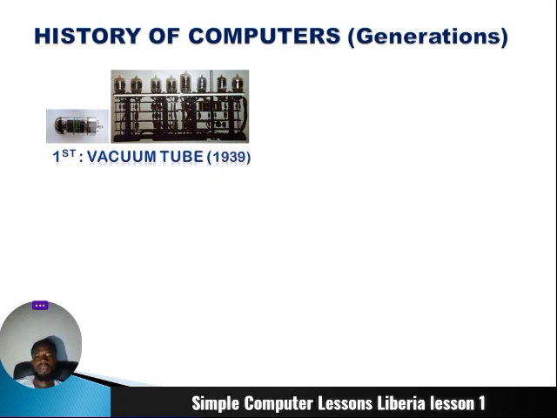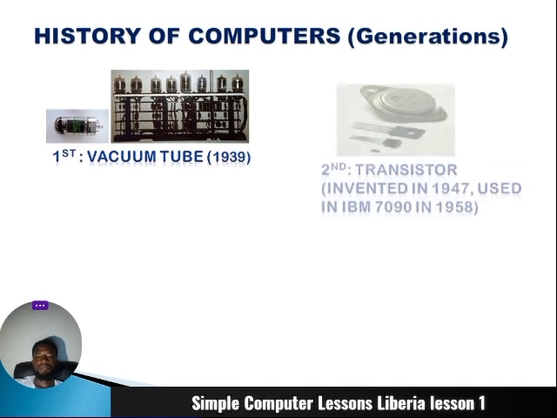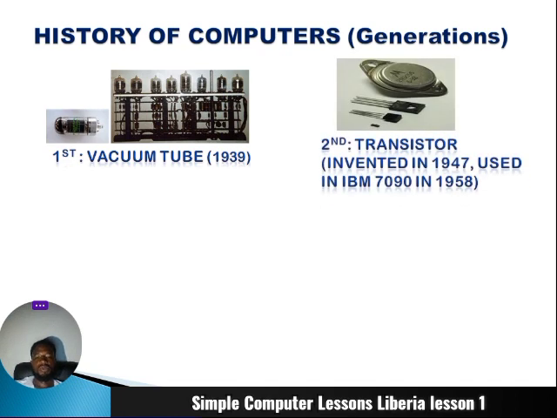That's why computers have always been classified based on the memory. The second generation used transistors, which were developed in 1947. The first used the vacuum tube, the second used transistors, and you can see the images right here.